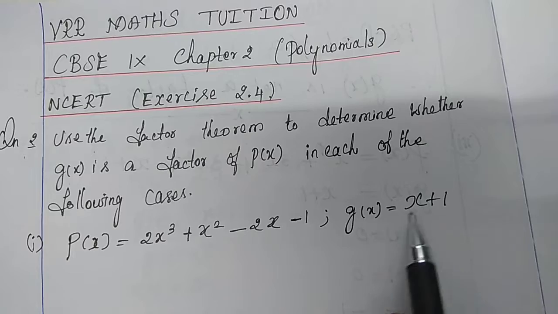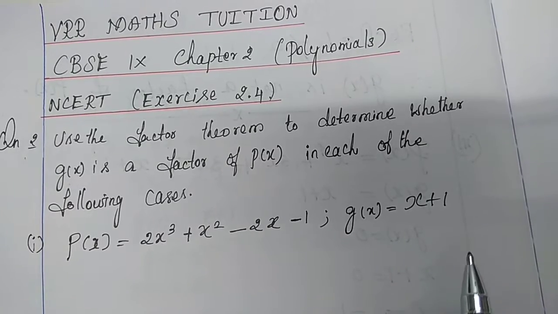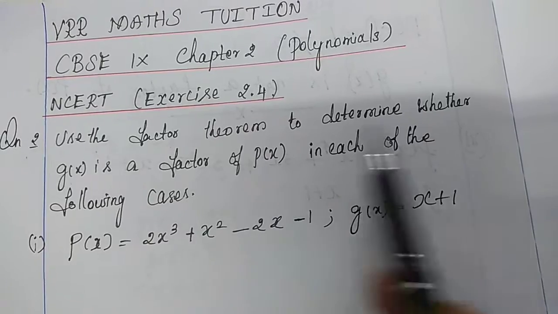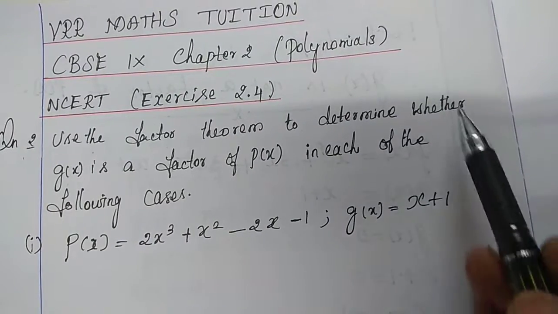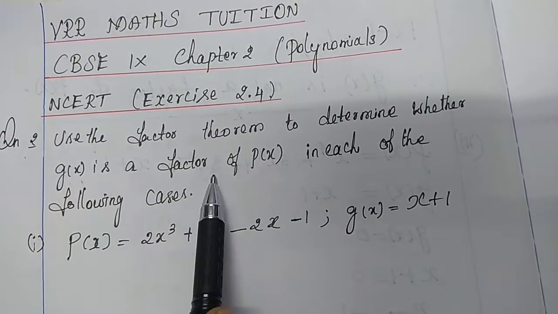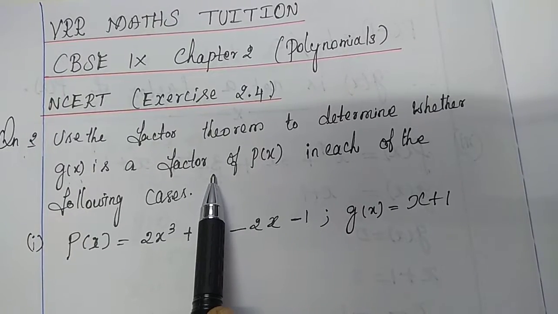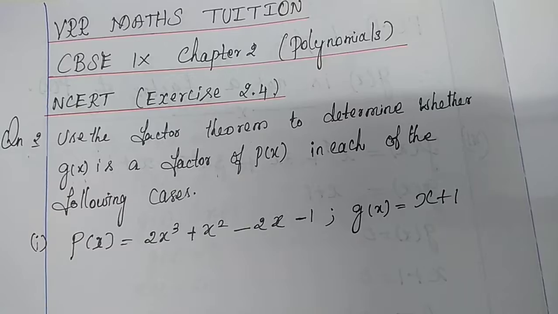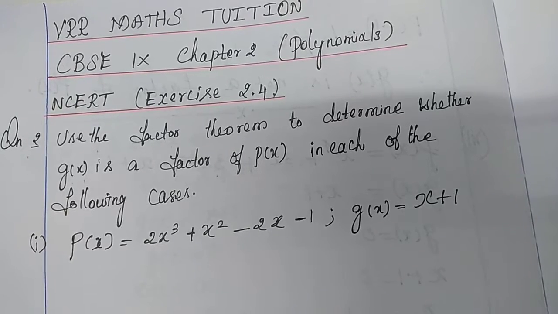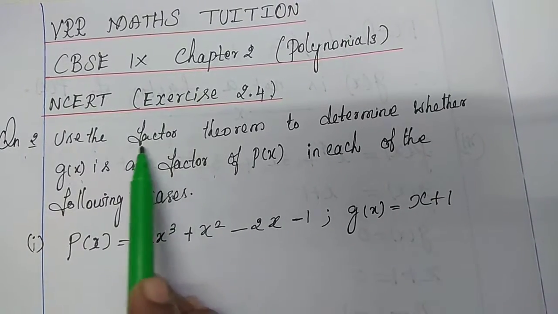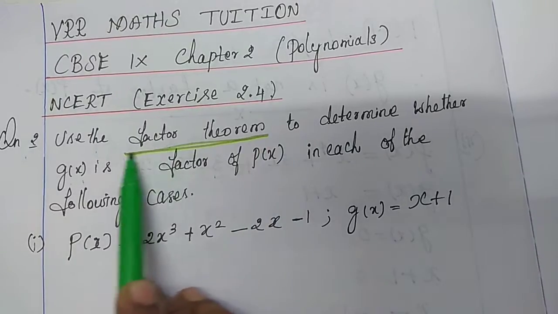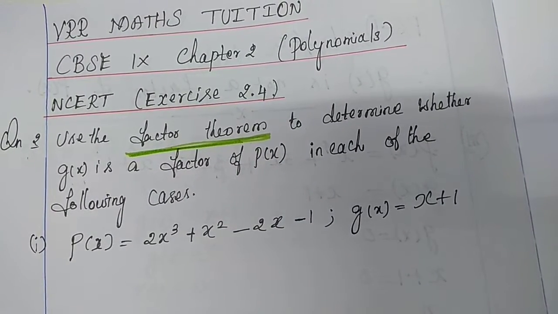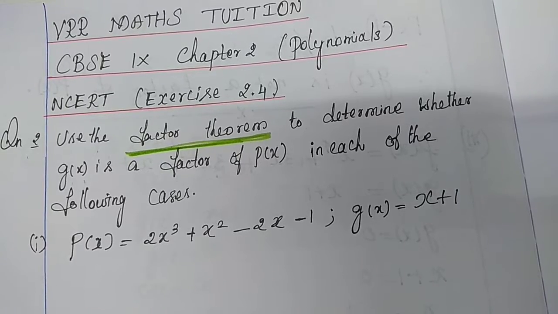G of x equal to x plus 1. Use the factor theorem to determine whether g of x is a factor of p of x in each of the following cases.